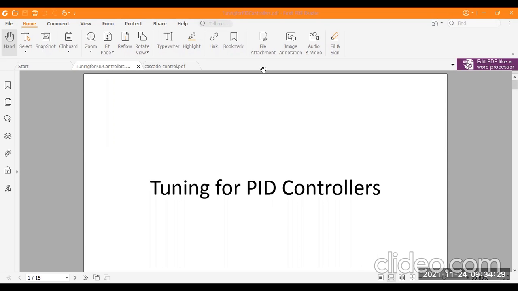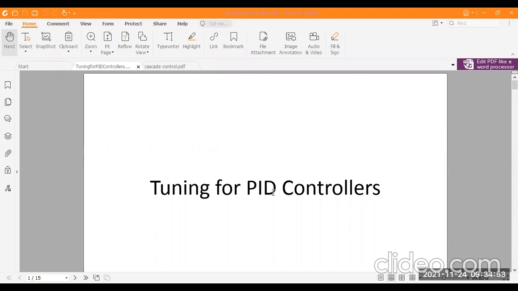Controller tuning involves setting the three constants in the PID controller. All of you know that three constants are available in a PID controller. The first is the proportional gain, Kp. Then the integral gain, Ki.